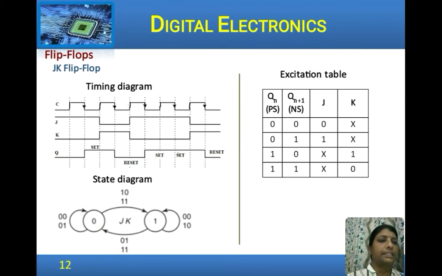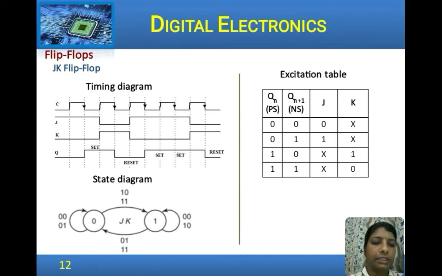And the excitation table, considering the present state and next state. For 0, 0, what should be the inputs given to JK? That is, the current state is 0, the next state should also be 0. What are the values of J and K? If the current state is 0 and it should remain in the same state, the inputs can be 0 and don't care.